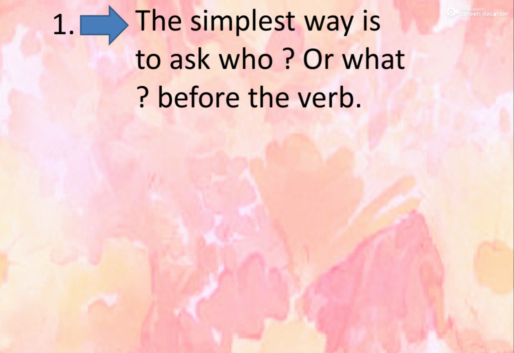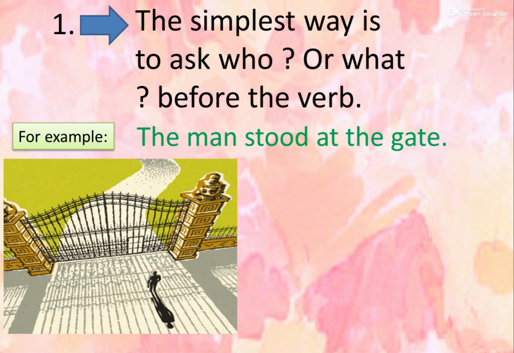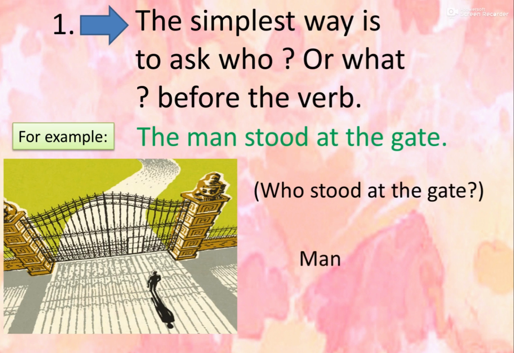Let's see a few examples. "The man stood at the gate." So if you ask who was standing at the gate, your answer will be man. So here in this sentence, man is the subject.